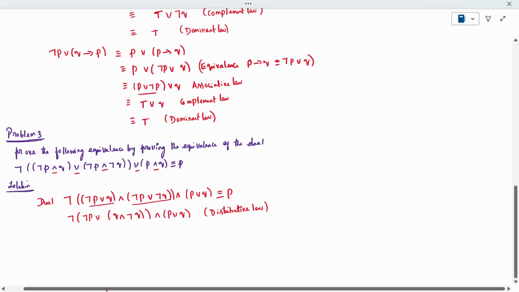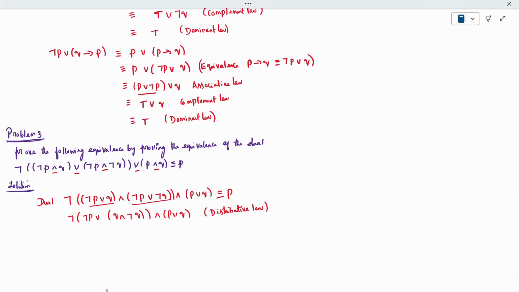Why I applied it, check now. How I have applied it: Q, negation Q, negation P the same.